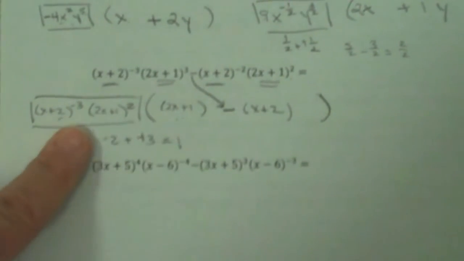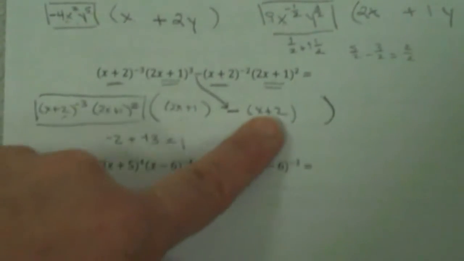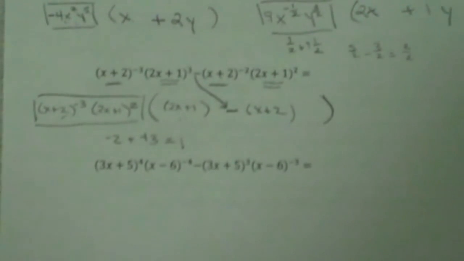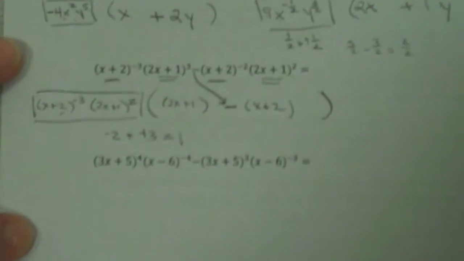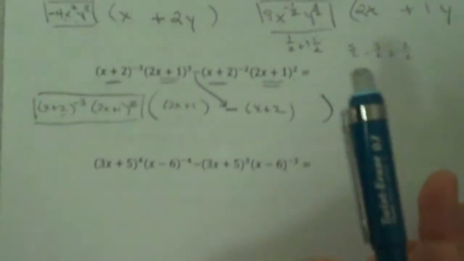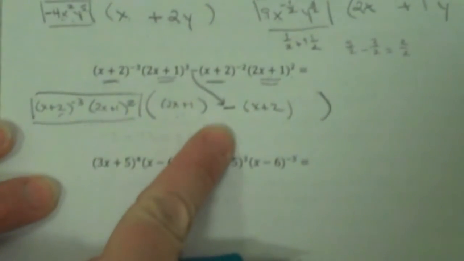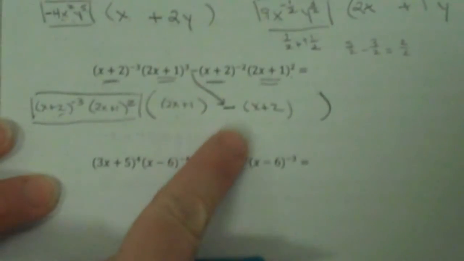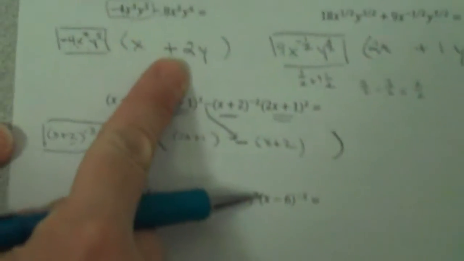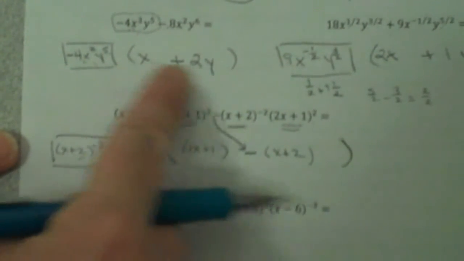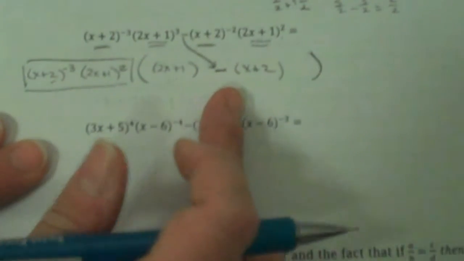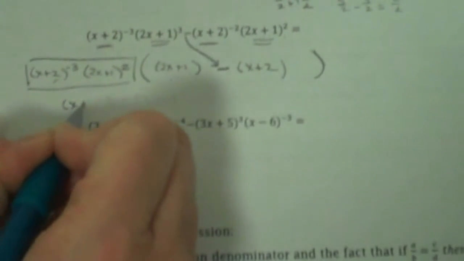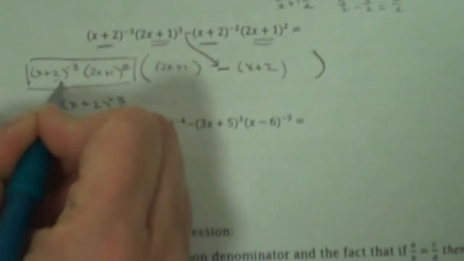So we took out the complexity, and we're left with something fairly simple inside. And the only thing left to do is to subtract to simplify what's inside here, because we can actually simplify this. We couldn't simplify it before. There was nothing we could do here. These were not like terms, but these are like terms. So I have my x plus 2 to the negative 3 that I factored out.